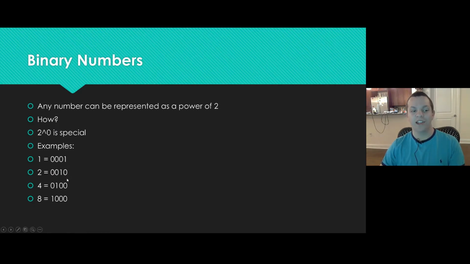This is because it has a 1 in the 2 to the 0 position and a 1 in the 2 to the first position. You simply add together the numbers in those places. Same thing for 5. You would have 2 to the second, which is 4, and then a 1 in the 0 position.